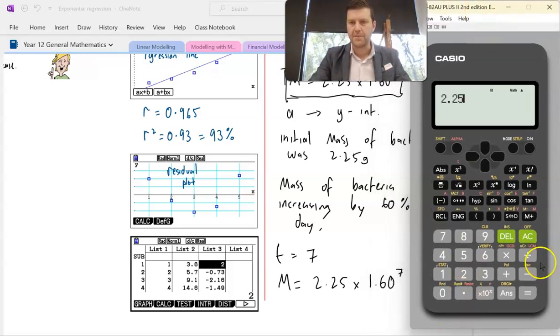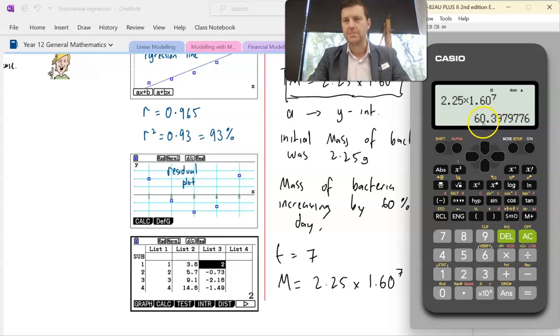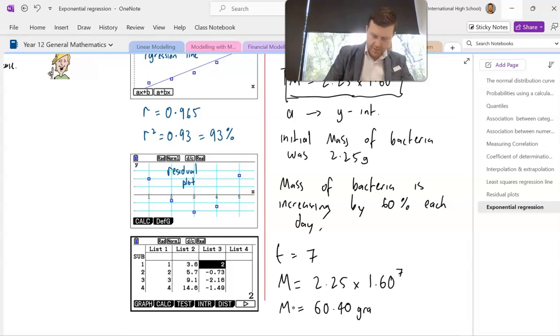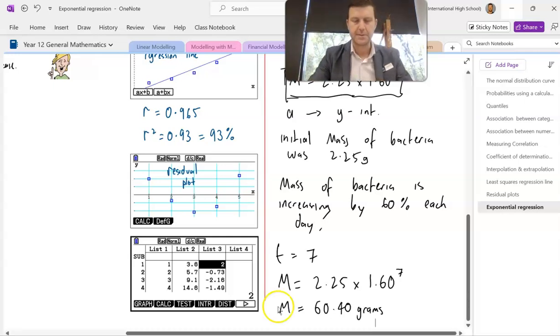So 2.25 times 1.60 to the power of 7. So after 7 days, we'd expect the mass of the bacteria to be approximately 60.40 grams. Okay, so the mass is approximately equal to 60.40 grams to 2 decimal places.